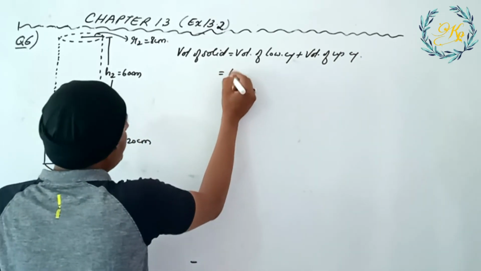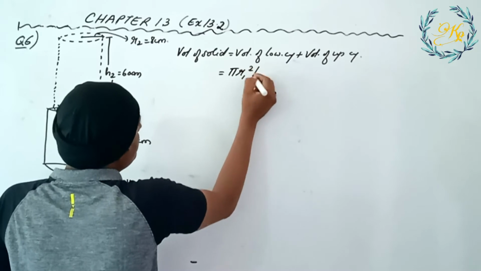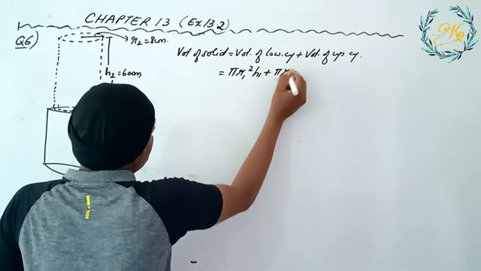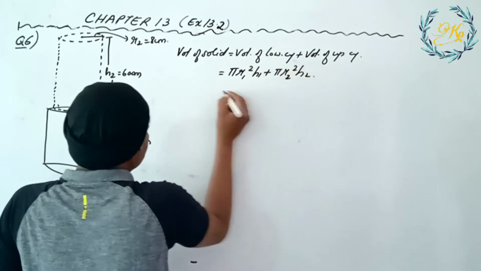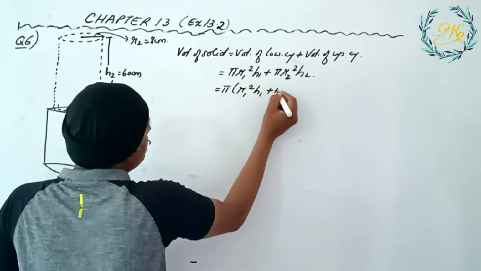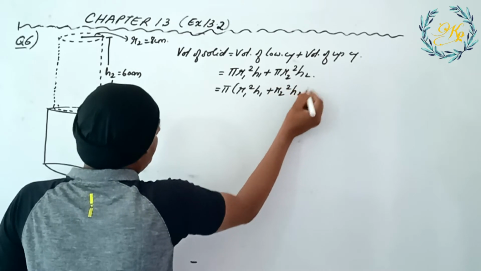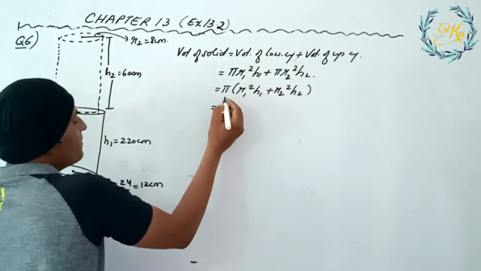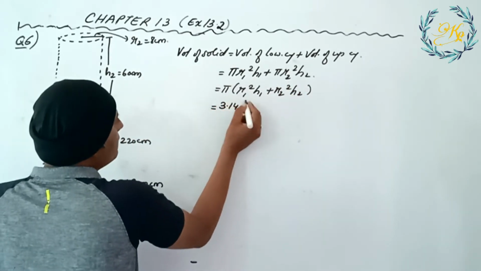So the lower cylinder we can take as pi R1 square H1 plus pi R2 square H2. Taking pi common from both, we get R1 square H1 plus R2 square H2. As the value of pi is given to us, we will consider it as 3.14.